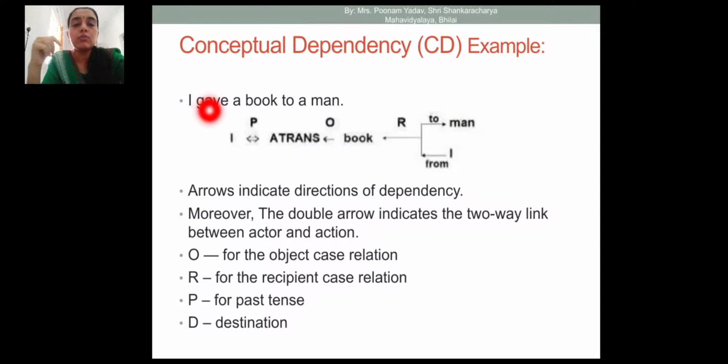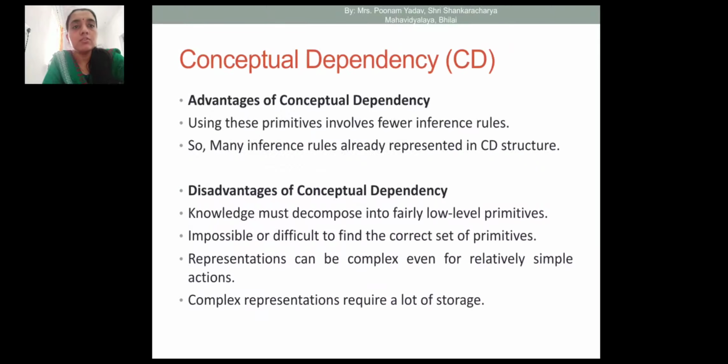I am saying I gave a book, so this is past tense, and the book is transferred from I to the man. R is for recipient case relation, and there is also the object case relation, which is the book. In this way CD concepts are used.